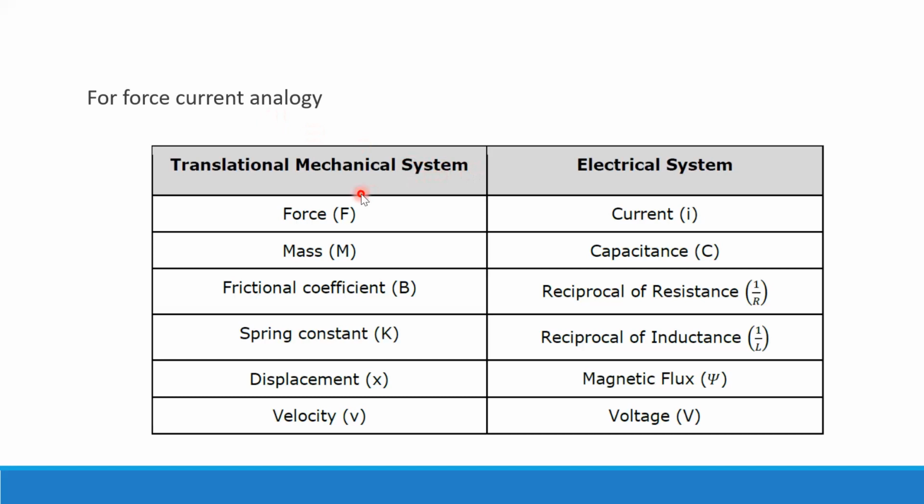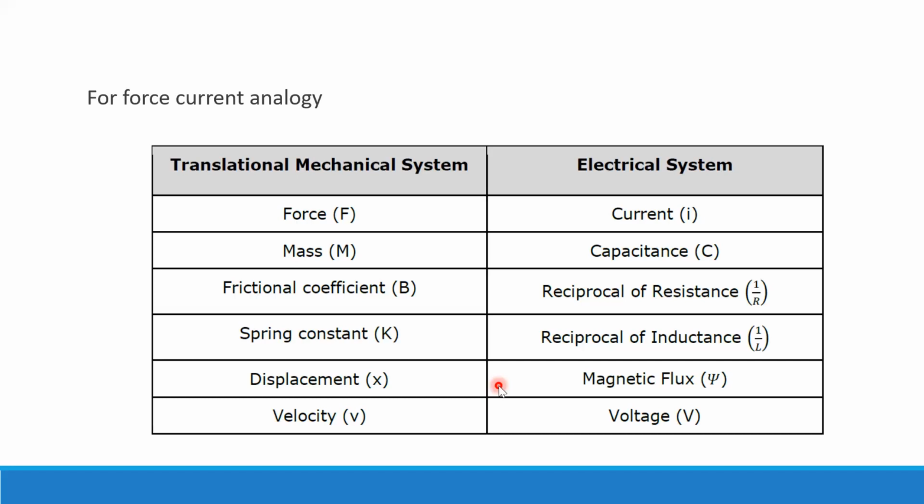Okay, now we'll simply change the components of the mechanical system to the electrical system. In the force current analogy, force is analogous to current, mass is analogous to capacitance, frictional coefficient is analogous to 1 by R, spring is analogous to 1 by L, displacement is analogous to flux, and velocity is analogous to voltage.